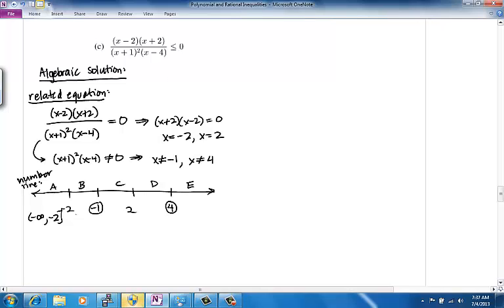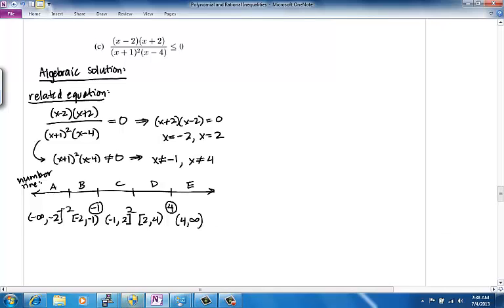B, we would take -2 to -1, but -1 will not be included, so parentheses around that, since that's a zero of the denominator. C would be -1 to 2, include brackets on the 2. D would be 2 to 4, again 2 included because of the equal to symbol, 4 excluded because it makes a zero in the denominator, and then E would be 4 to infinity.